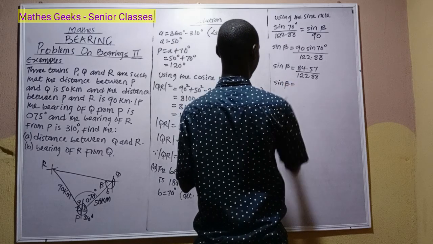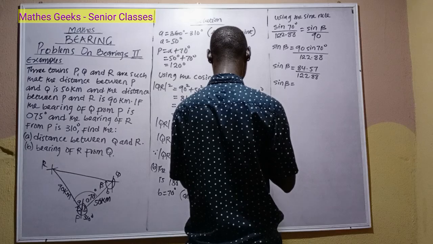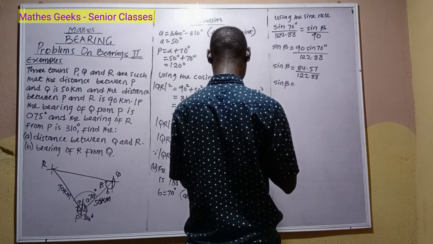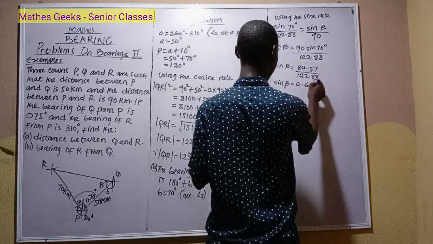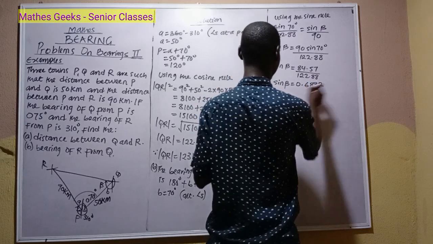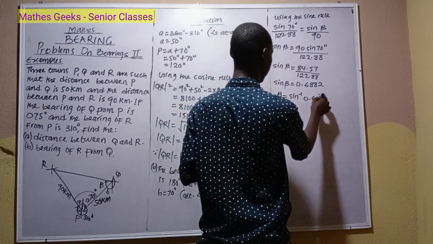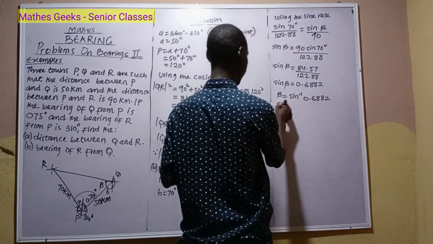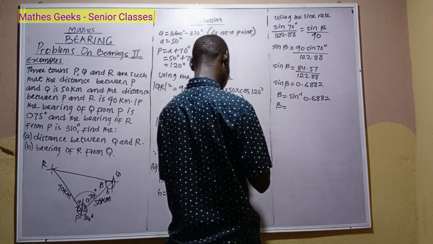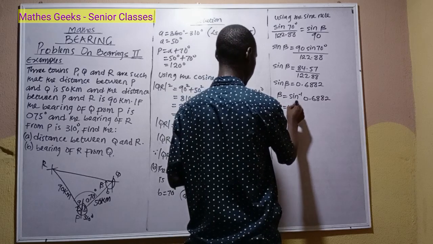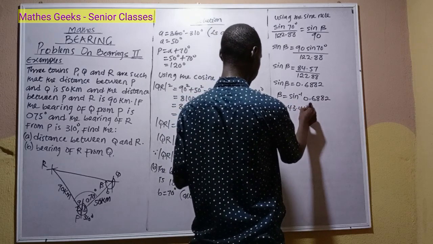Sine beta is equal to 0.6882. Beta is equal to arc sine 0.6882. Beta is equal to 43.45 degrees.